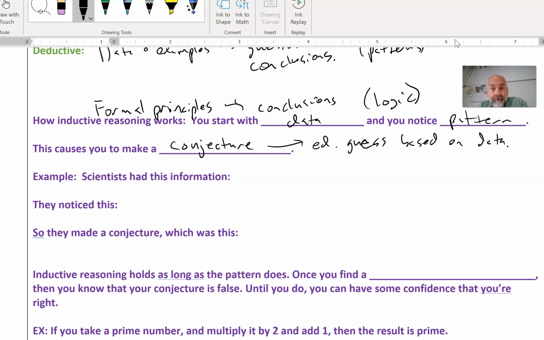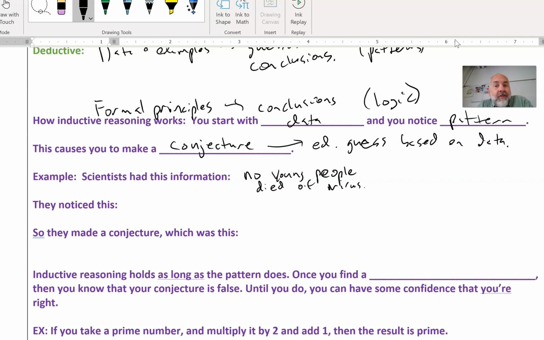Here's an example. Scientists had this information: no young people died of the virus. Sorry to bring up masks and virus, but it's a good example. They looked at that and were like, everybody who's dying is old. Or you could also bring in the pre-existing condition: everybody who's dying had a pre-existing condition.